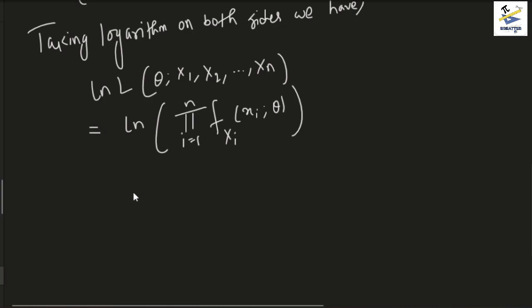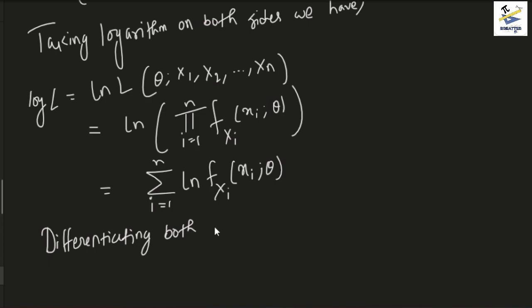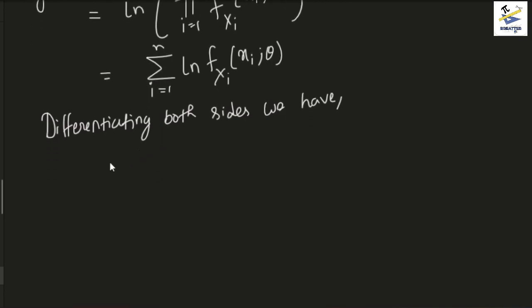Taking the logarithm of this would give us the following. And we can define this as, let's say, log of capital L, and we need to maximize log of capital L. So differentiating both sides, we have, firstly, the question of how we differentiate both sides, right?